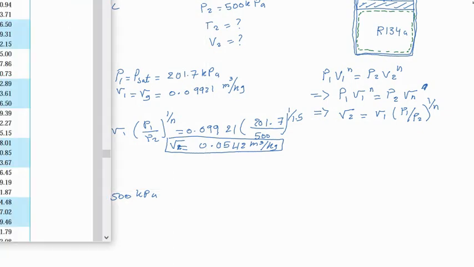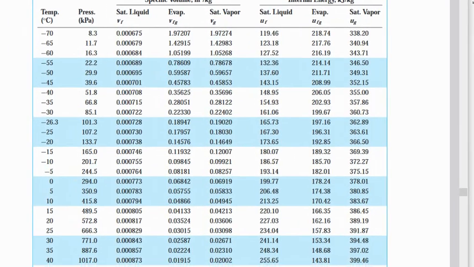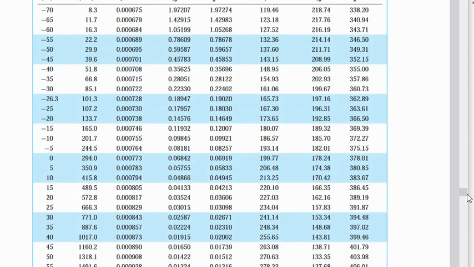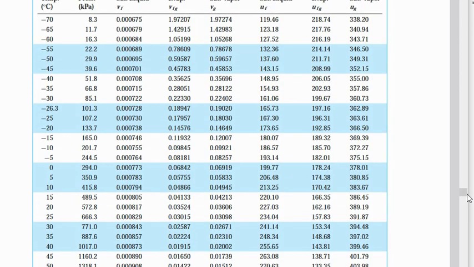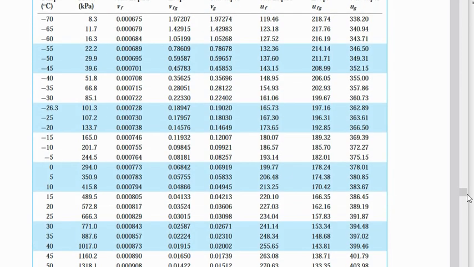What you will notice is that in table B5.1 for R134A refrigerant, there is no entry for 500 kilopascal. However, you can work out the specific volume at the saturated vapor line by interpolating between the two pressures at 489.5 and 572.8.